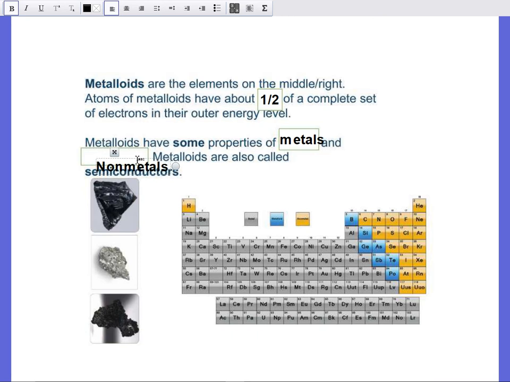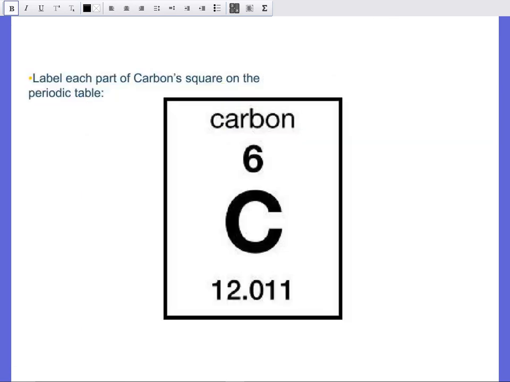You might think they might be metals, but in reality, if you tried to bend them, they would break. It's kind of like a false metal. You think they're a metal, but they're not. And they are also not great conductors of electricity. They're kind of halfway conductors, which makes them semiconductors. So they're not excellent.